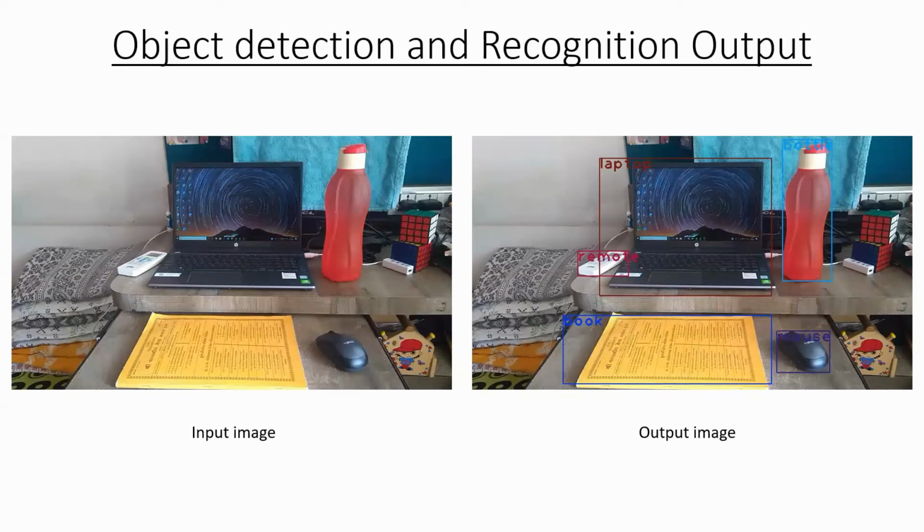So this makes it very fast and very efficient. We have tried to make our system as close to real time as possible. So for that we use this algorithm. After object recognition and detection, we move on to distance measurement, which will be explained by Samruddhi.